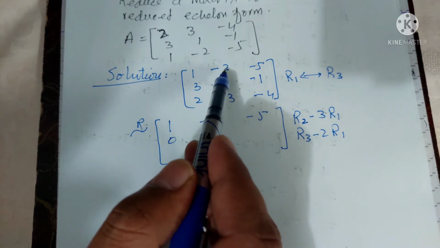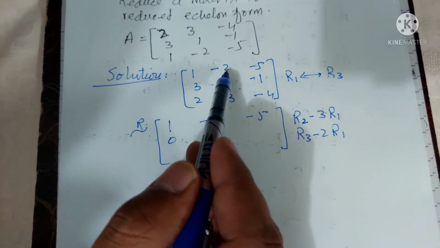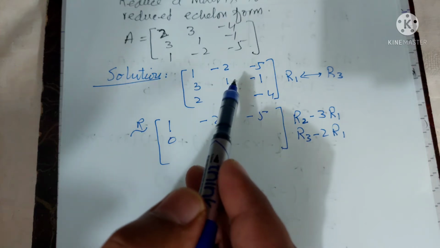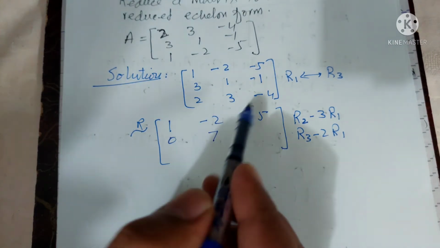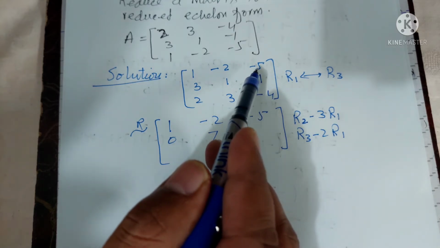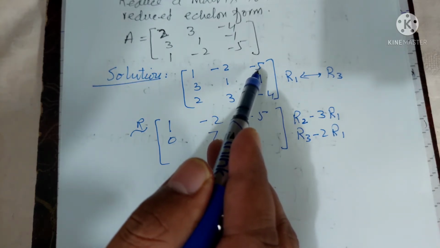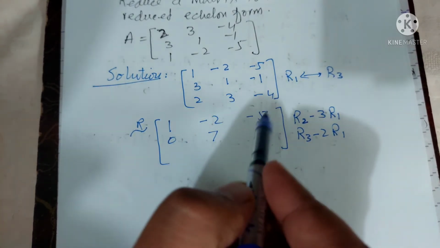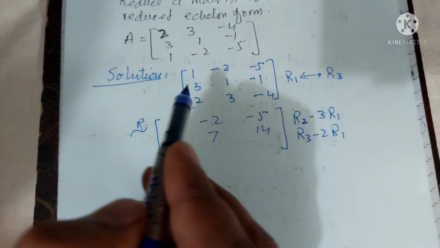Again 3 times minus 2 is minus 6, and if we subtract minus 6 from 1, it will be 1 plus 6, which is 7. And 3 times minus 5 is minus 15, and on subtraction it becomes plus 15. So minus 1 plus 15 is equal to 14.